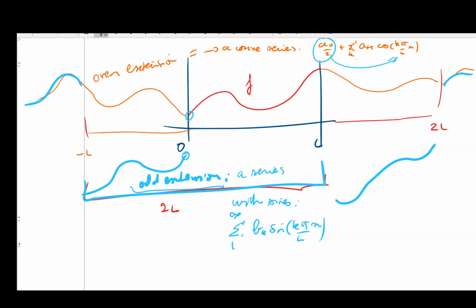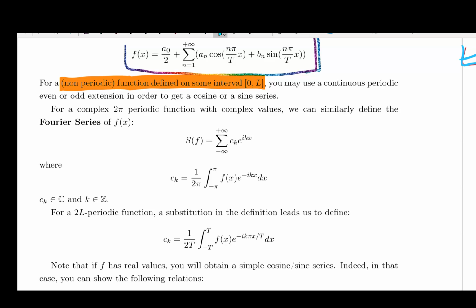Okay, good. Next, what about functions with complex values? Let's assume they are going to be 2 pi periodic, because of course that makes it much easier to compute. That should remind you of the first of the curves you saw in the videos, the video of Tribou, Brown that were drawn using circles.